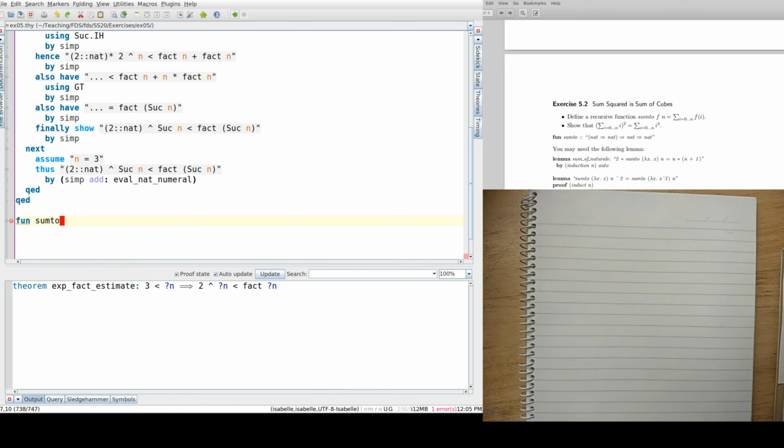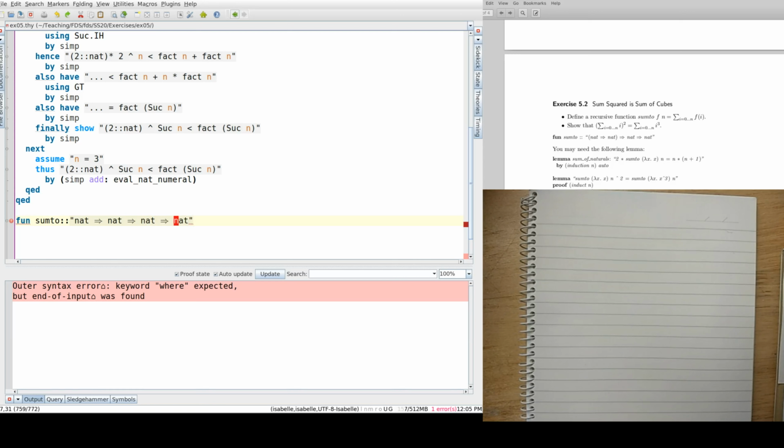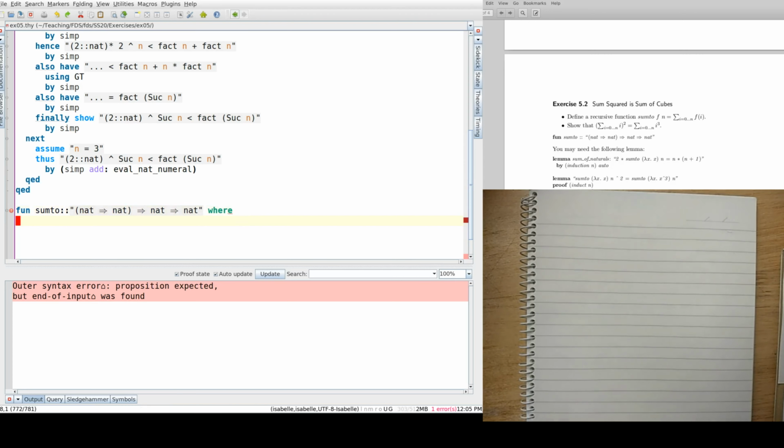So sum2 takes a function from natural numbers to natural numbers, and a natural number, and returns a natural number, okay? This one will be recursive over the natural number argument, which is the second one.